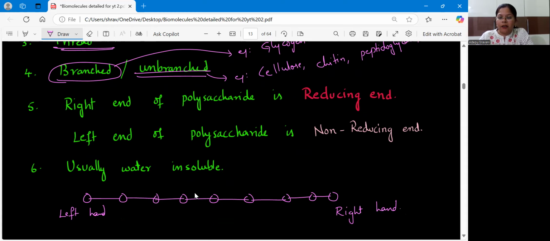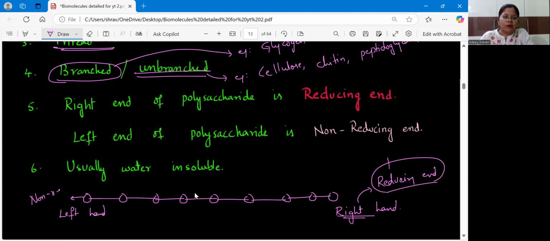The right hand side of the polysaccharide is the reducing end. This is very important. That means they have free aldehyde or ketone groups. They can convert cupric ions into cuprous. And the left hand side is always the non-reducing end.